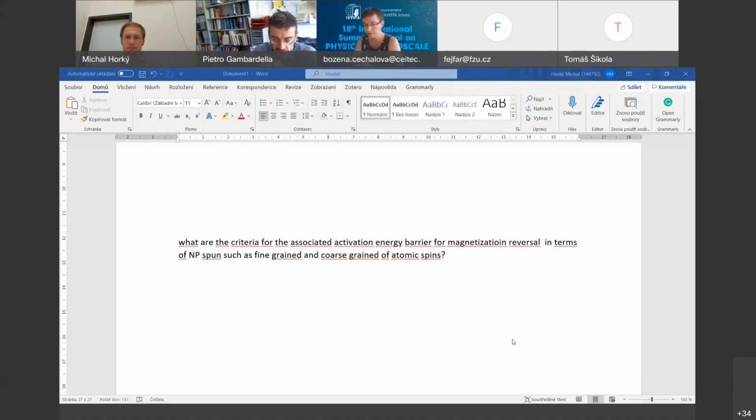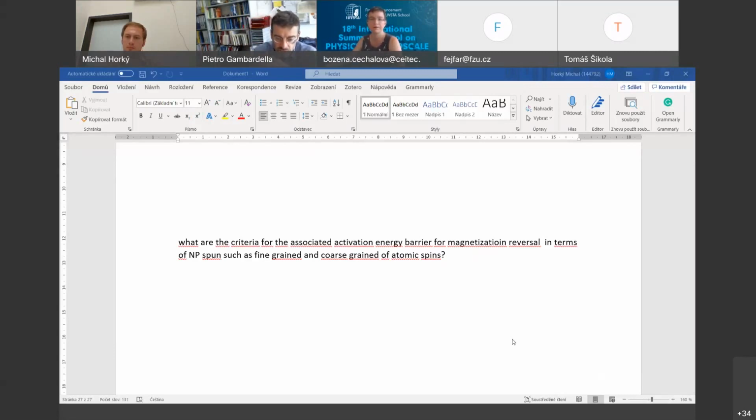Okay. And then you have a nucleation of a reverse domain with a smaller activation barrier, and then the propagation of domains, the expansion of domains, driven by either field or spin torque or also temperature.